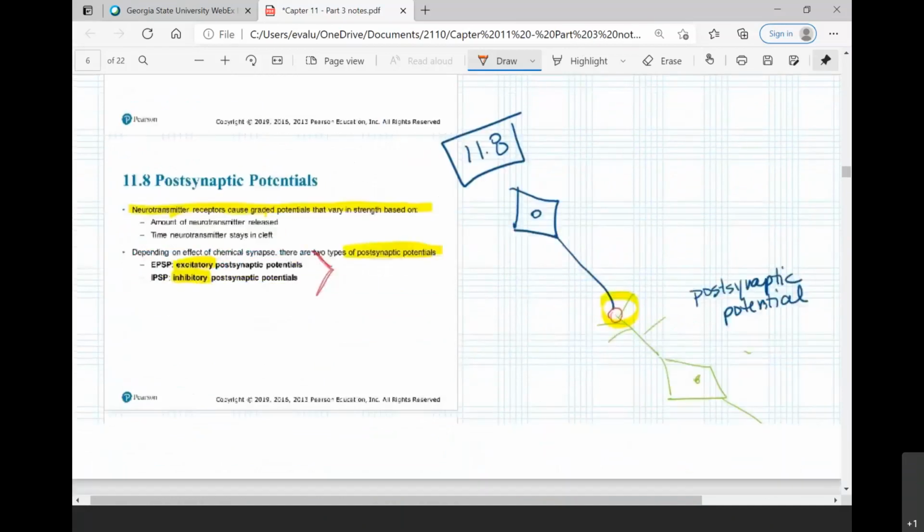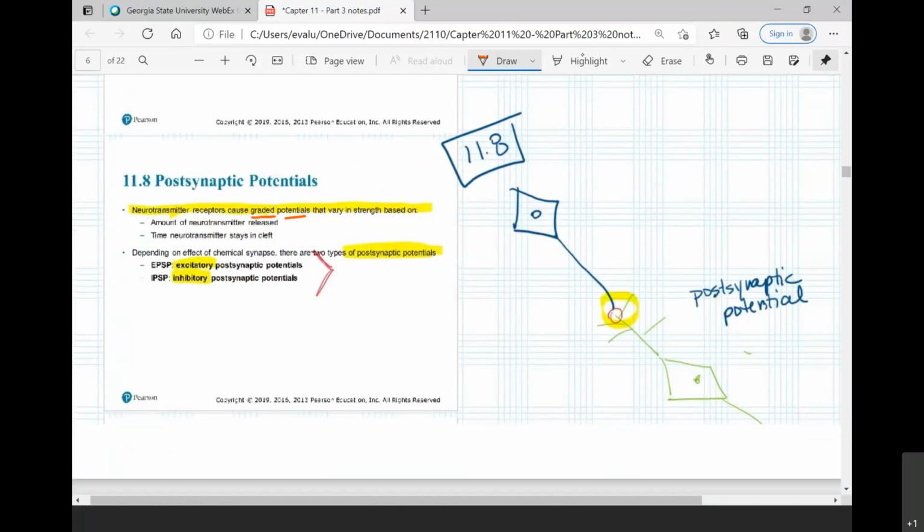Okay, so we have talked about action potentials, we've talked about graded potentials, and this is a postsynaptic potential, not to get them all confused. A postsynaptic potential is a graded potential. So remember, these are short distances and they don't last for very long.